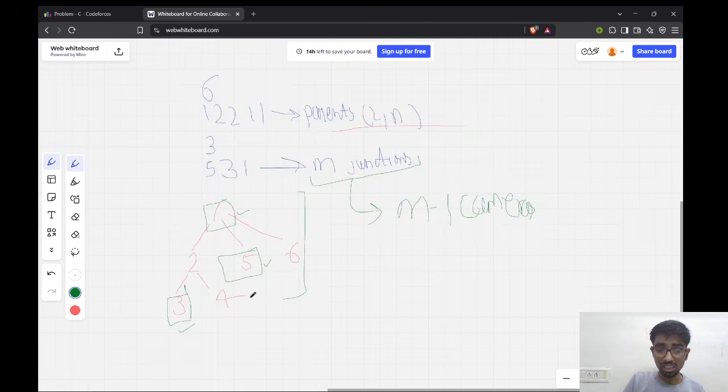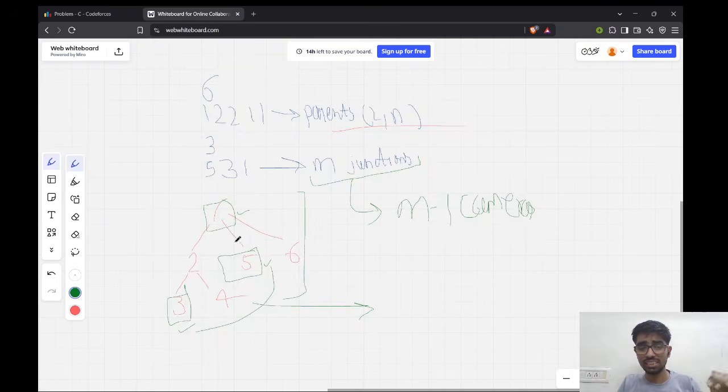So now, here there are three junctions, so you only need to apply two cameras, and where you apply them, you can decide by looking at the tree. Why? Because in the tree the lower nodes are at the higher positions and the higher nodes are at the lower positions.